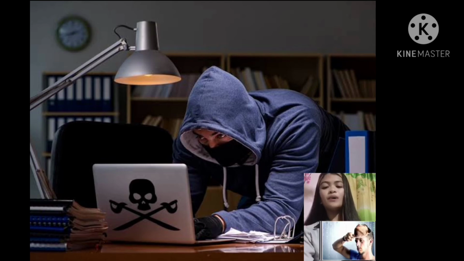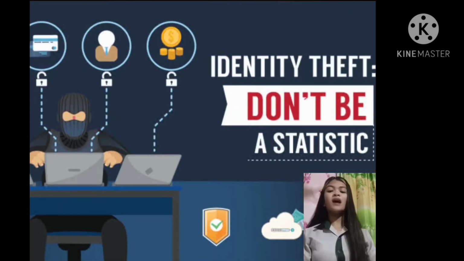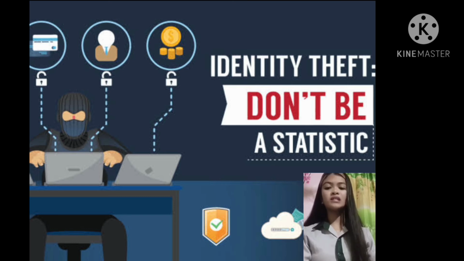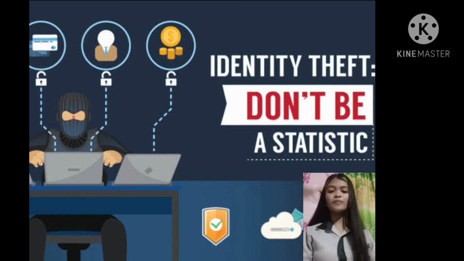This is an example of digital piracy. Next is identity theft. Identity theft is the deliberate use of someone else's identity, usually as a method to gain a financial advantage or obtain credit and other benefits in the other person's name, and perhaps to the other person's disadvantage or loss.